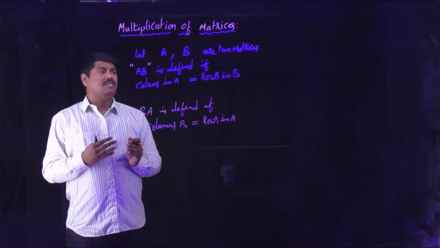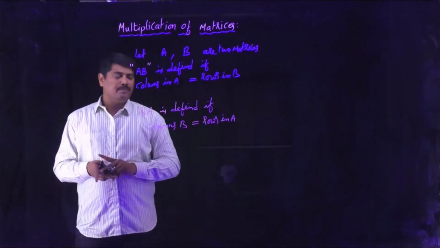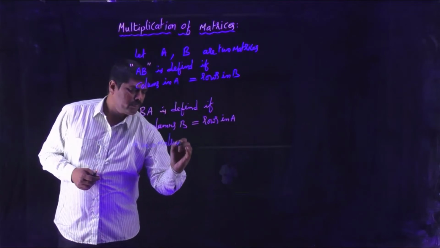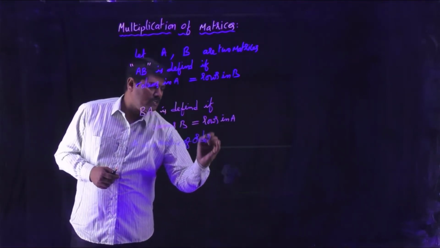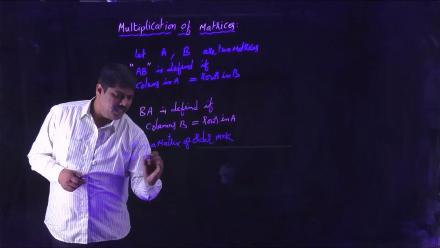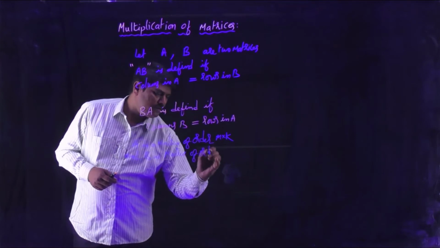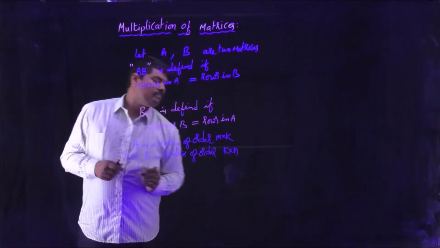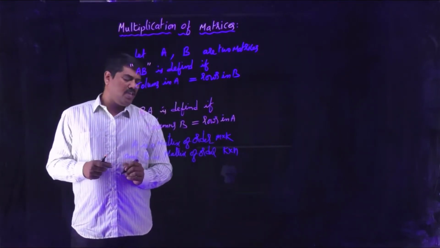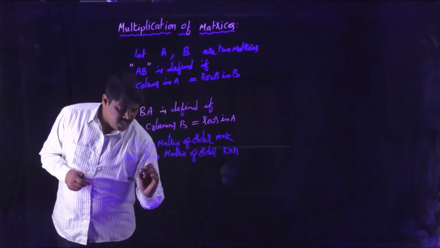Now we are going to discuss the order of the obtained matrix. For that, let us consider A is a matrix of order M by K and B is another matrix of order K by N. Then AB is defined.